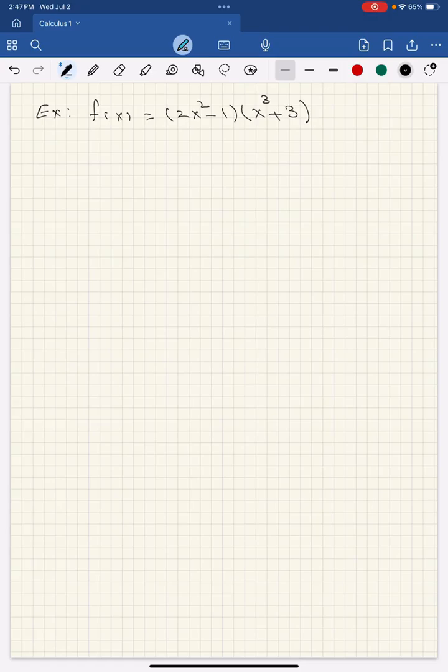They are asking you here to find f prime of x, or find the first derivative of this function.